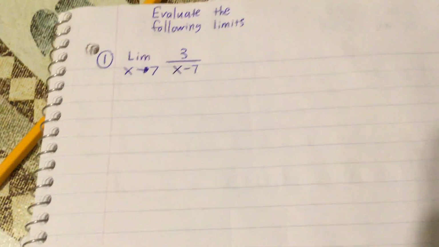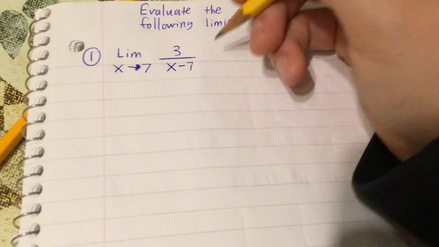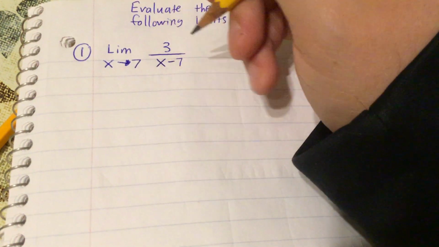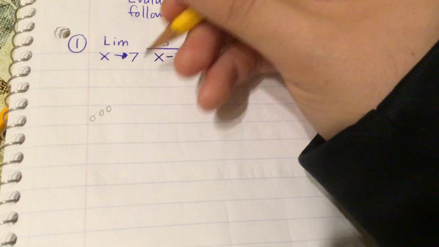So let's do some problems. Let me give you 2 of these problems just to warm up. So the limit as x approaches 7. First things first, I'm going to get my thought bubble, because I love thought bubbles when it comes to limits.